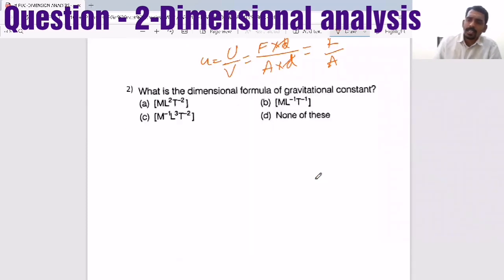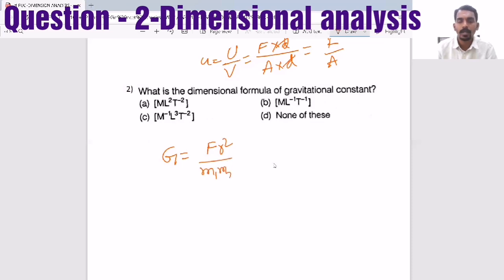Now the next thing is they can ask the dimension of any quantity in physics, where the method is you have to write the equation for that quantity first. Like here they are asking gravitational constant. Gravitational constant means capital G. You can take the equation as F = G m1 m2 / r square, so G = F r square by m1 m2 according to Newton's gravitational law, where F is force, r is distance, m1 m2 masses.